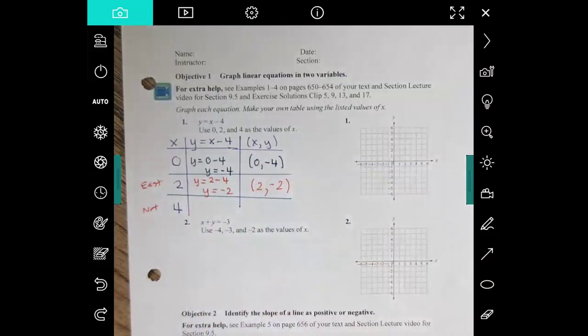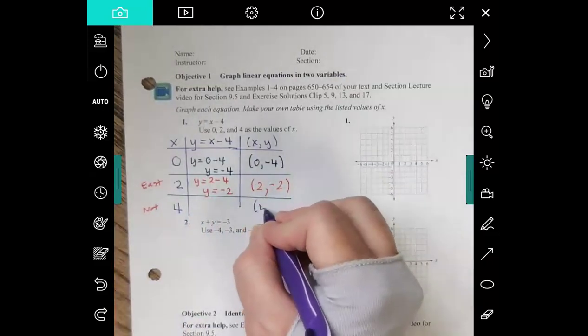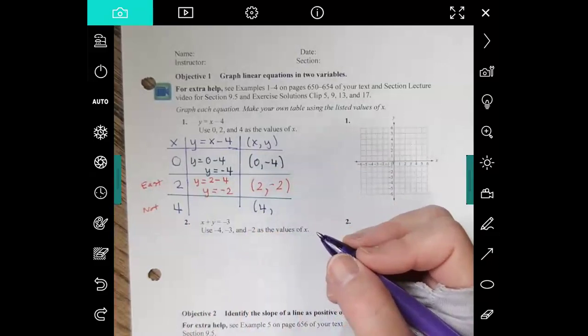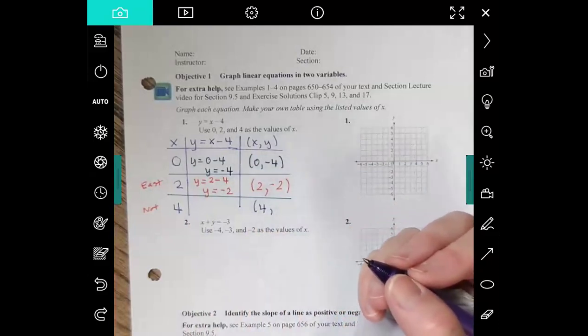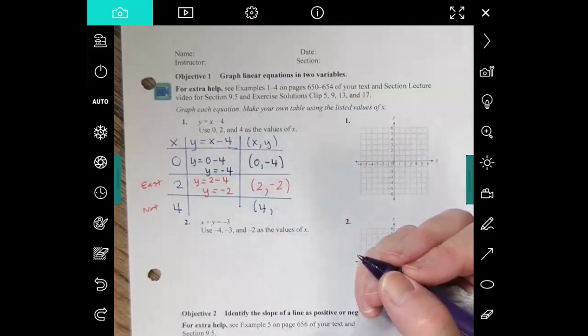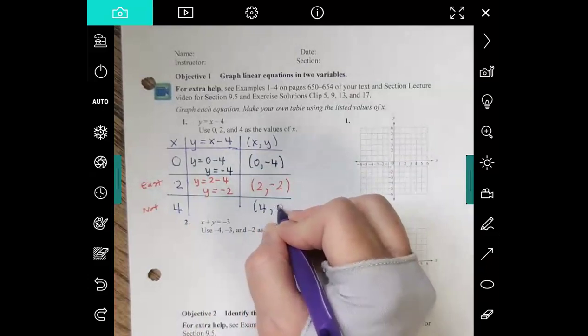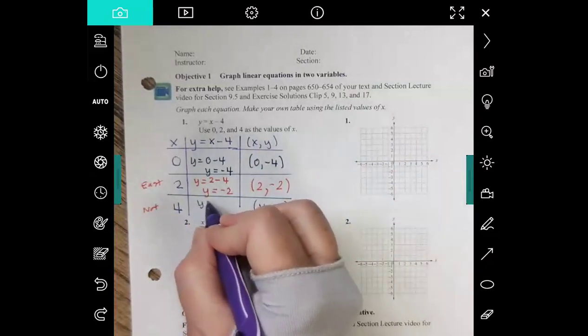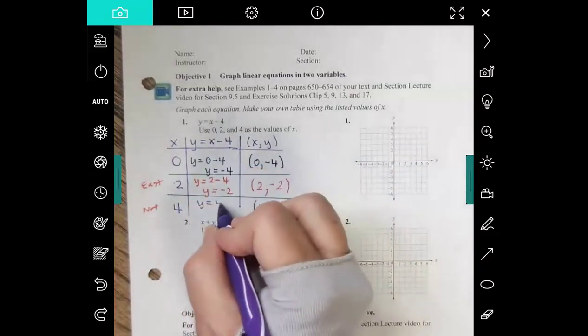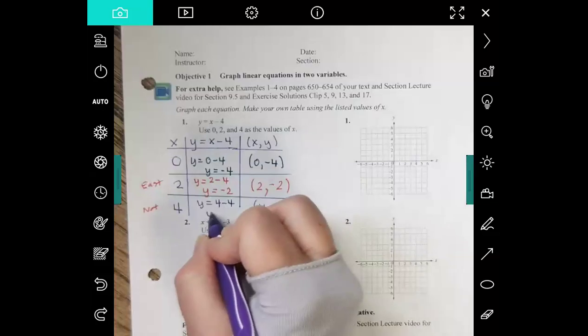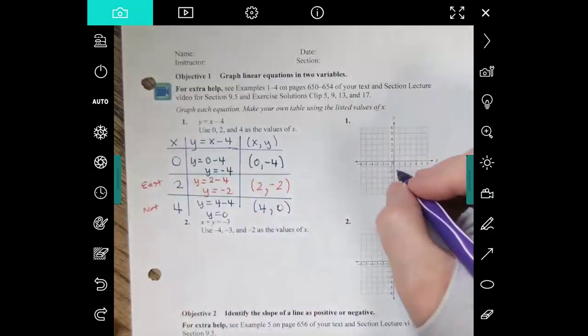Now, on the non-East Coasters, when you put a 4 in, what do you get? Shout it out, somebody. Yeah, Sasha, let's see how your voice is coming through. You get 0. You do. So y is going to be 4 minus 4. Y equals 0. Perfect.